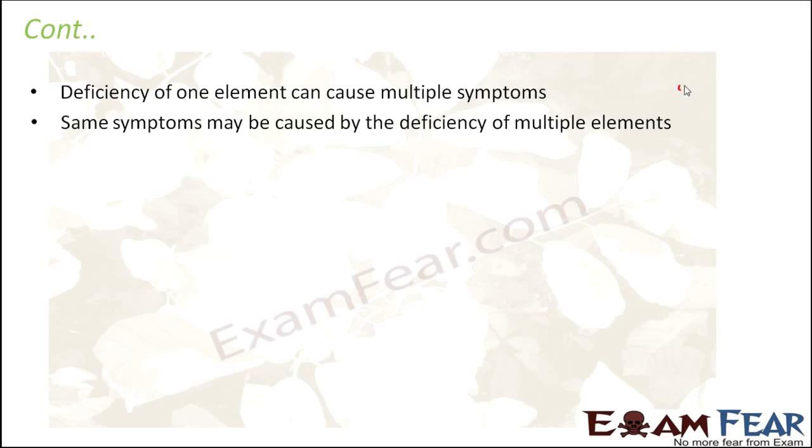So, we actually need to analyze the various symptoms which can be studied in a plant and then check if those symptoms are caused by a particular element or a combination of elements. So that is very, very important to do. Only then you will get to know which plant is deficient in which mineral, and then you can find out a solution accordingly.